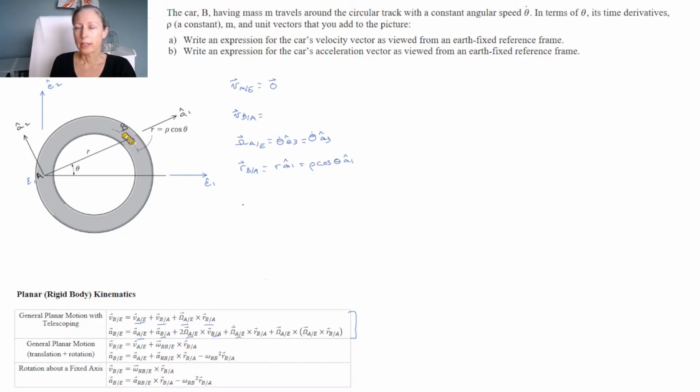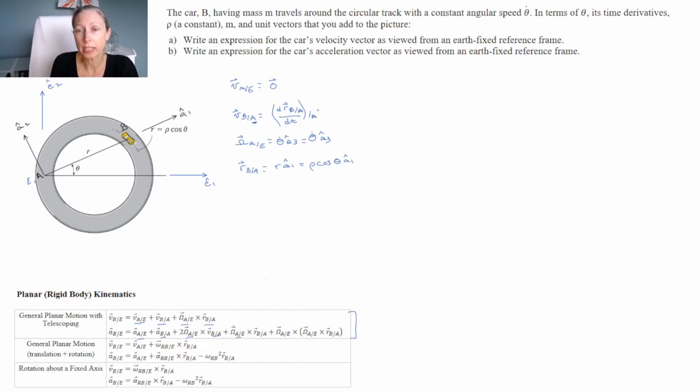Now, interestingly, I think we can write an expression for the velocity of B with respect to A now, because the velocity of B with respect to A is the time derivative of the position of B with respect to A. But we always take derivatives with respect to a specific reference frame, and in this case, the reference frame is A. That's a little unusual, but it's absolutely fine.